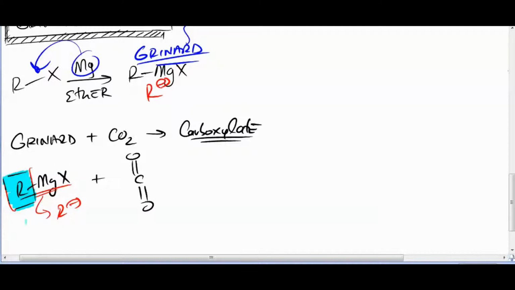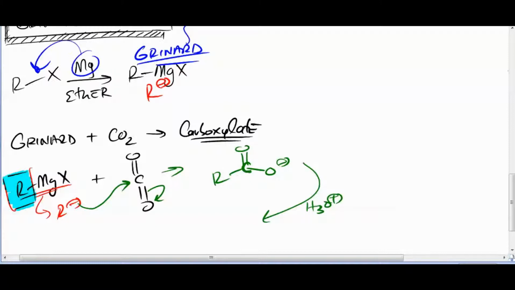This R minus is going to act as a nucleophile, and it's going to attack this carbon here, and this electron will swing here, and we will produce where this carbon here is this carbon here. Does that make sense? And then we just protonate this guy. We assume there's going to be some acid, and we protonate this guy here, and we generate the carboxylic acid.